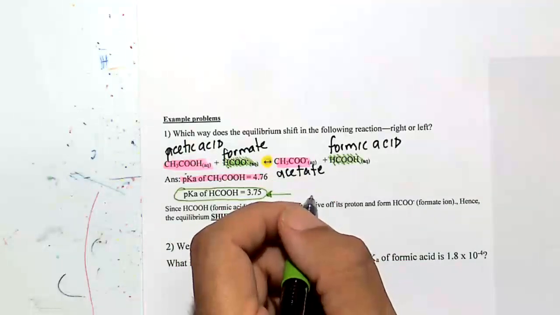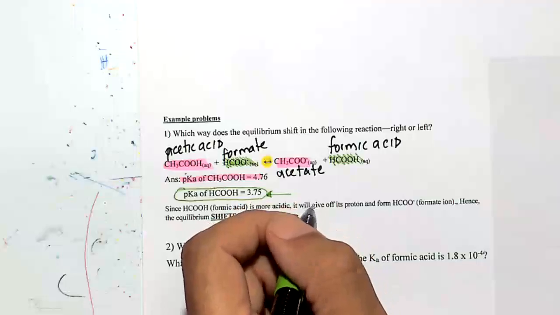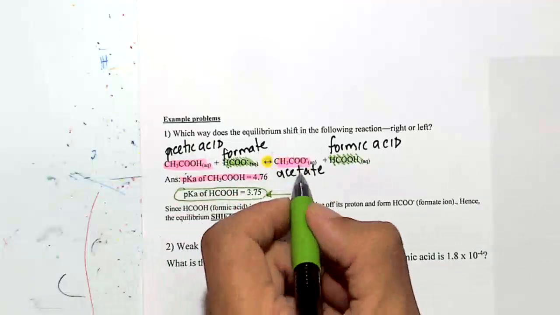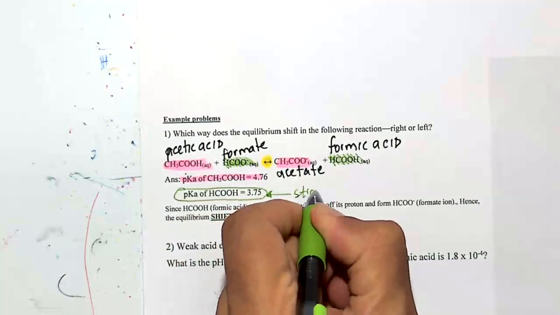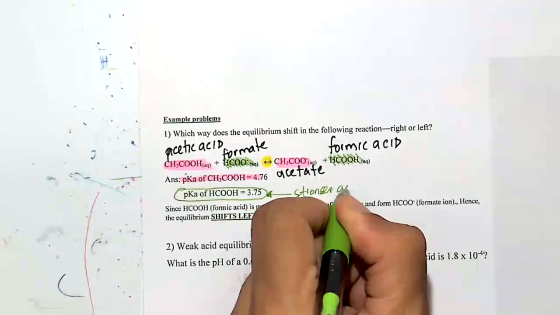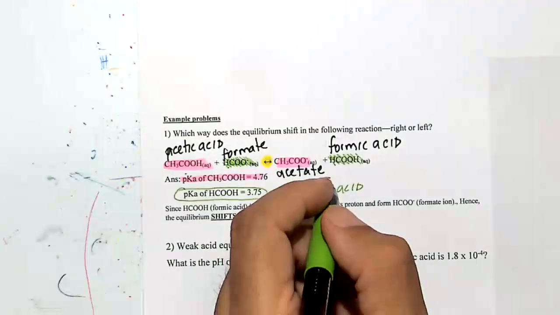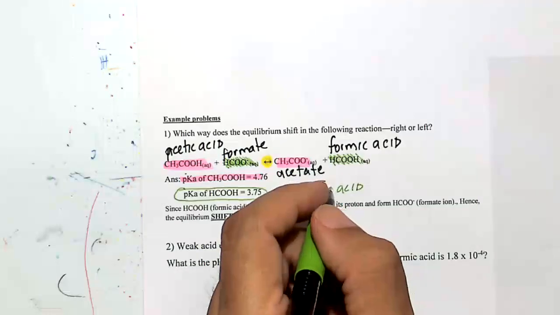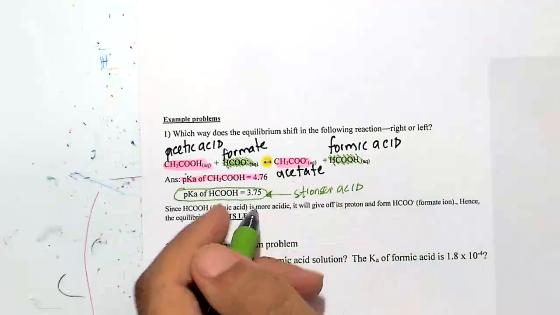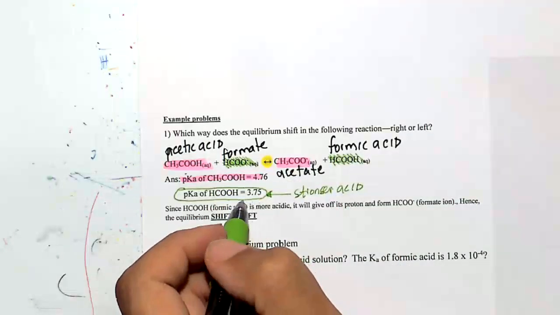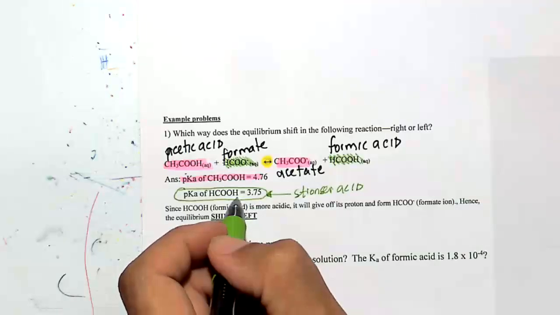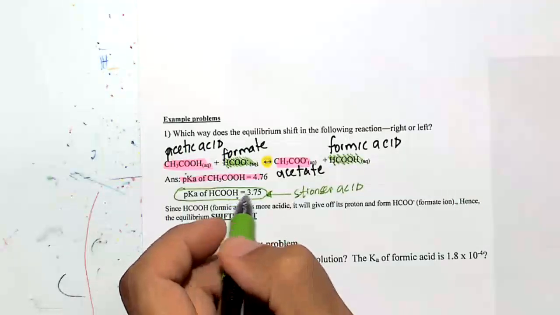Okay, low pKa, high Ka, lower pKa, a better acid. So if this is the stronger acid, which way will the equilibrium shift? Which is better at protonating? Which is better at giving protons away? Yes. Okay, formic acid is better at giving off its proton.